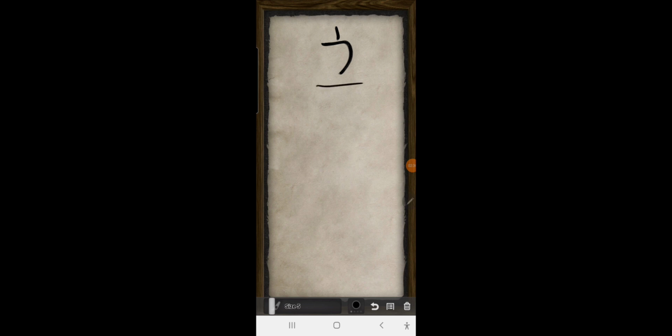Okay, the next thing in line is tsu. It's like a sideways or upside down fishing hook. Like that. Now, this next one's going to look very familiar, and I'm going to show you the difference.